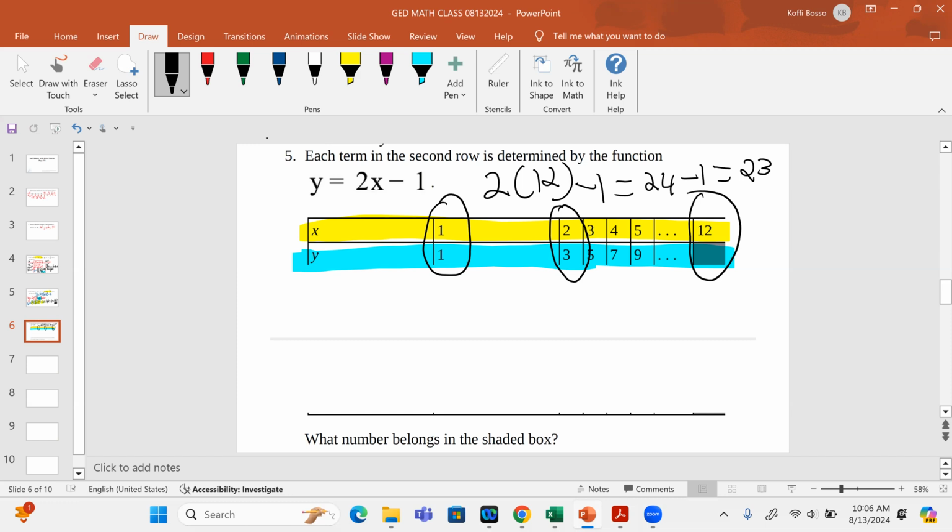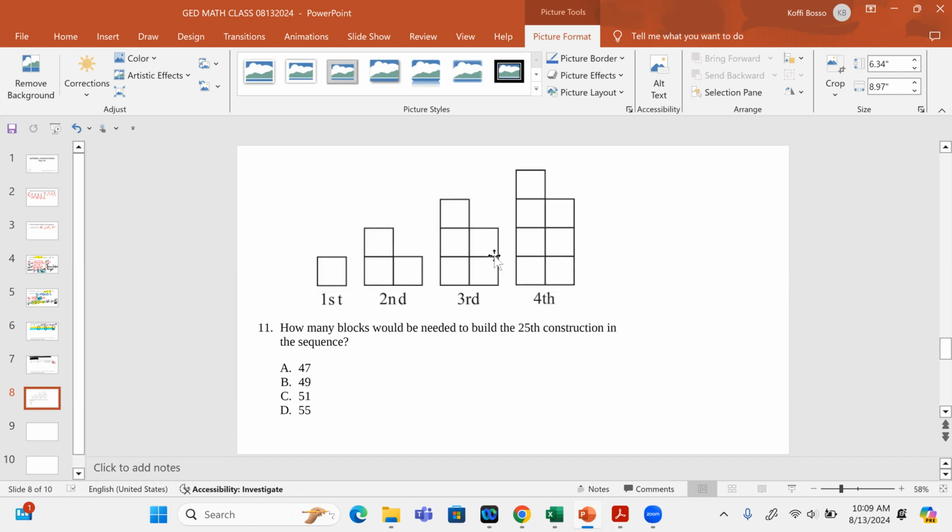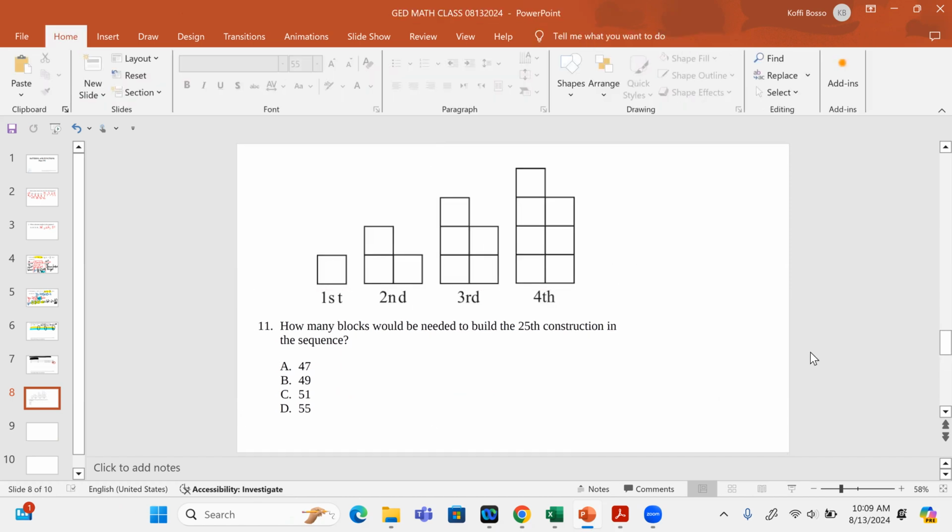So far, so good. Now, another question. Again, here is to find a pattern. They say how many blocks will be needed to build the 25th construction in the sequence. 49. Okay.